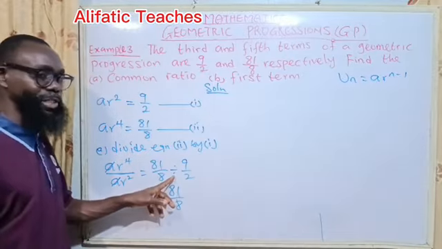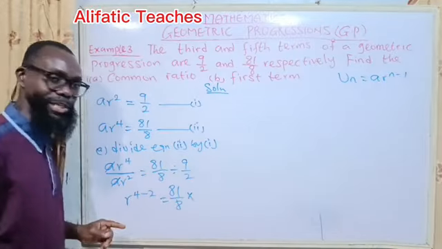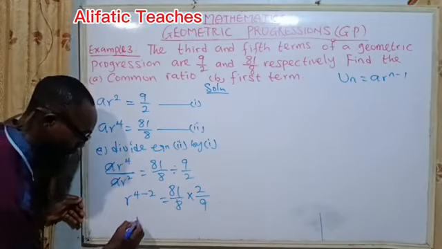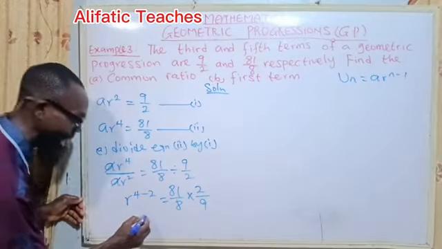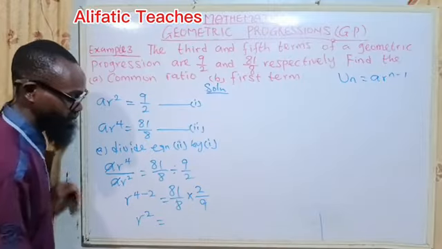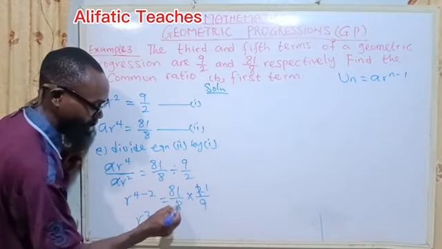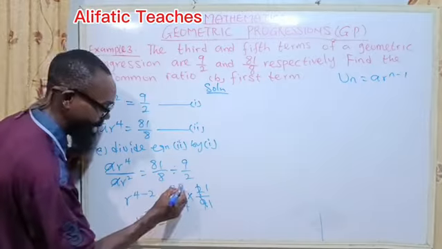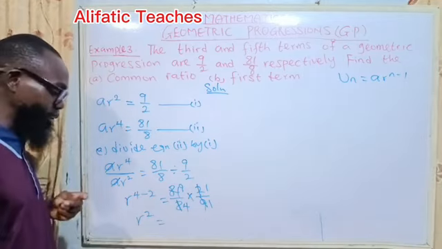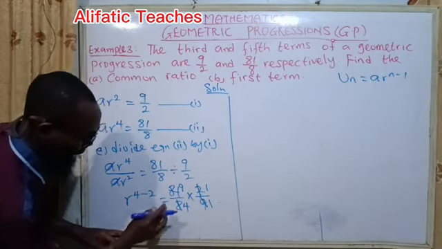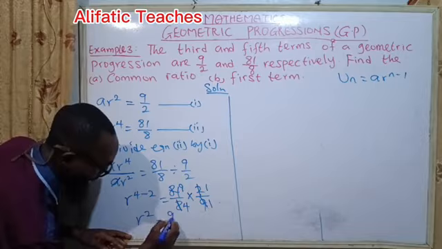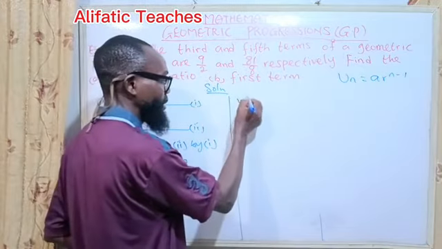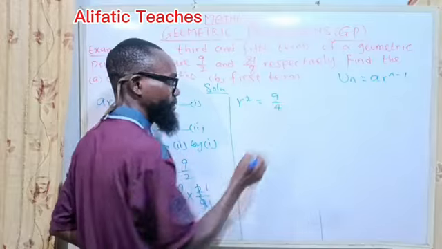This division will change to multiplication. In this case, 2 will move up over 9. So we now have R raised to power 4 minus 2, I have 2, equals 2 goes here, 9 goes here, 81 over 8 times 2 over 9, that is 9 over 4. So R squared equals 9 over 4.